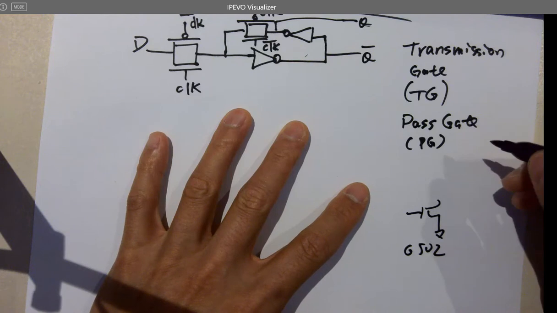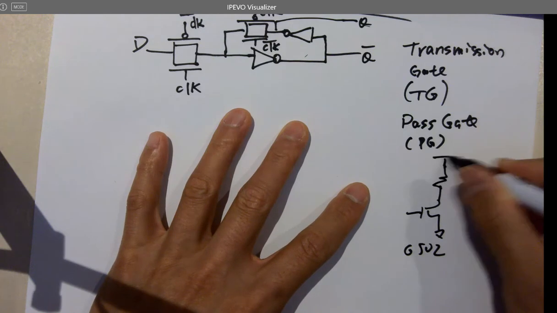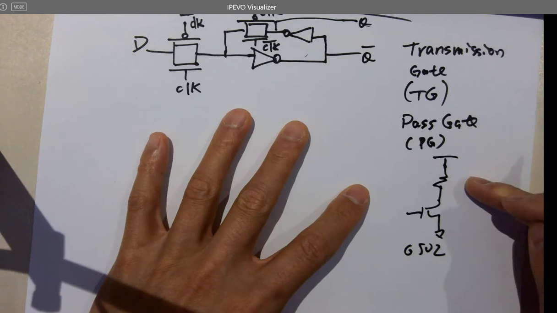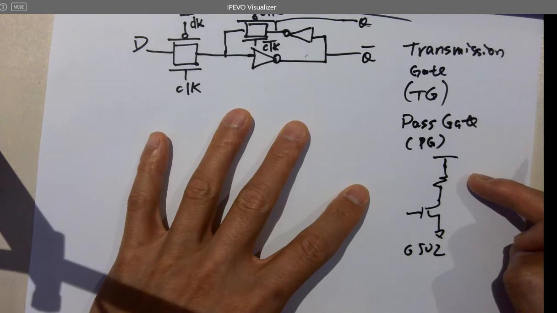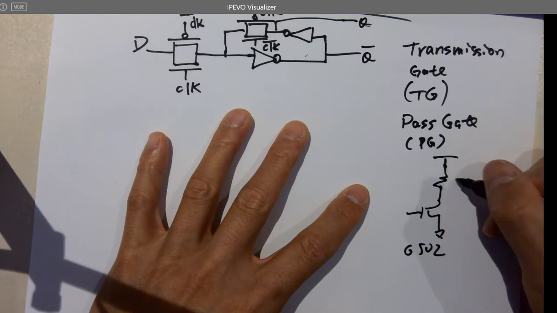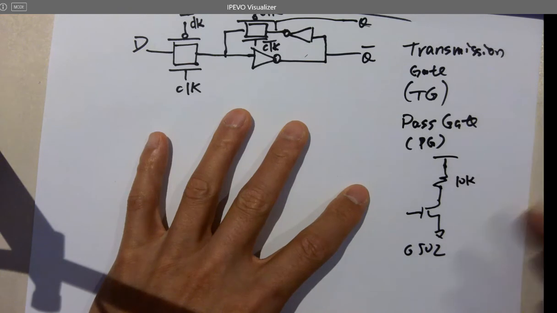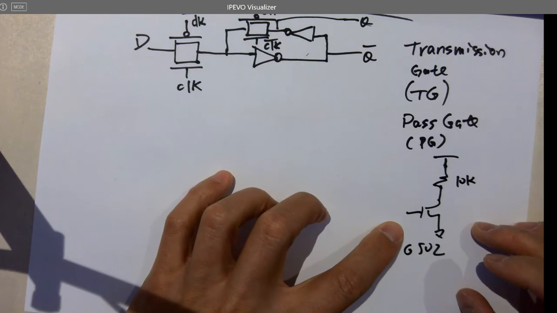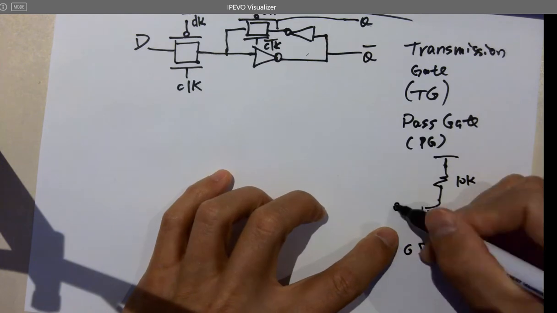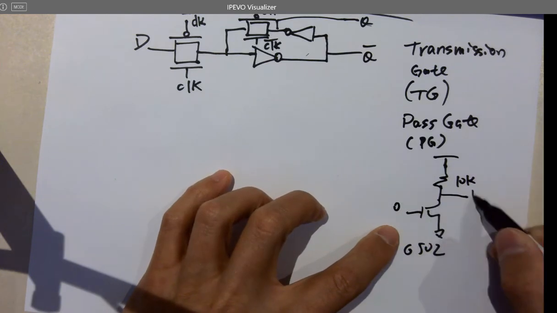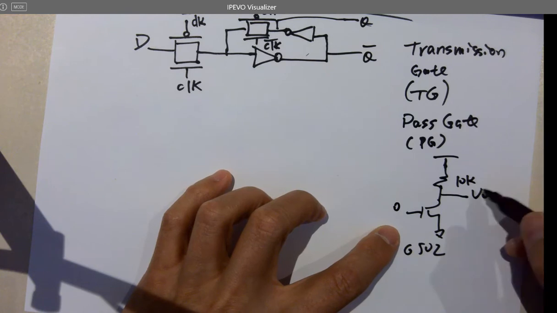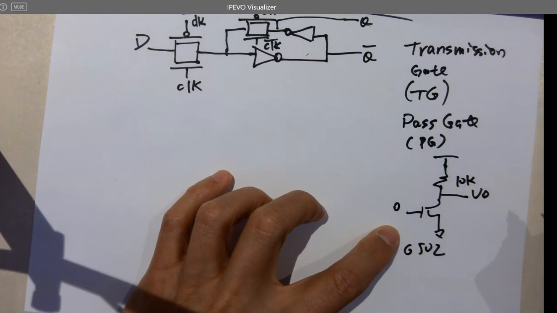How does that work though? They have a pull-up resistor on the top instead of a PMOS. Is that an inverter? 10K? If you give a 0, what's the output here?